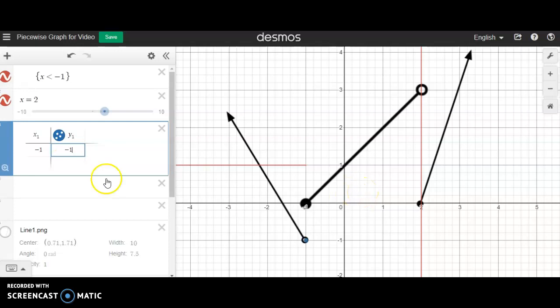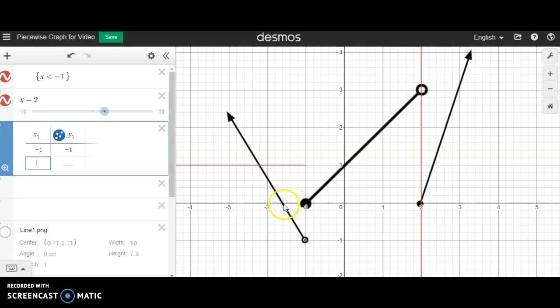And then another point. It's in the middle here. Let's see if I can find a decent one. I guess this would be it right here.